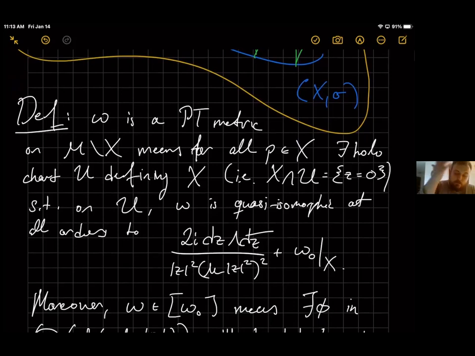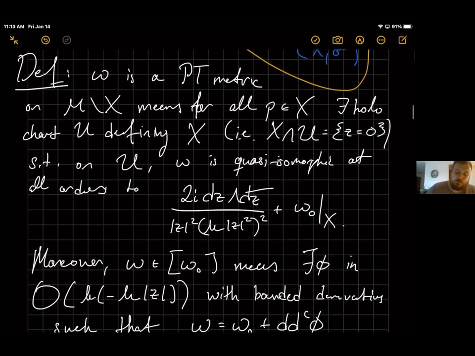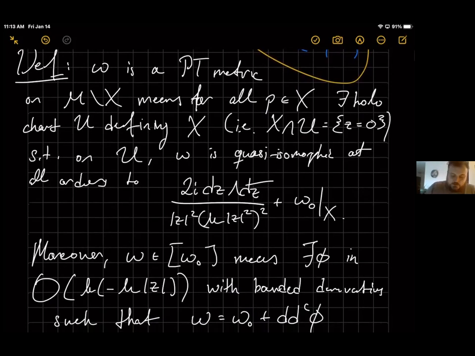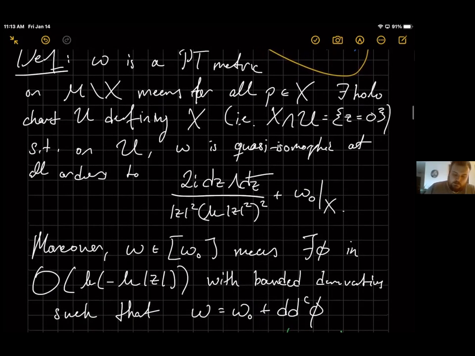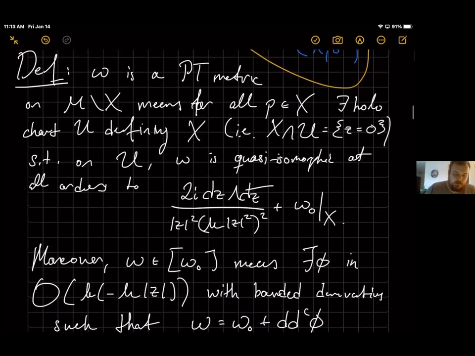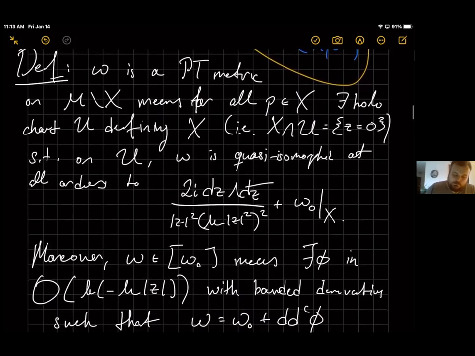And I want this Poincaré-type metric to be quasi-isometric, or comparable at all derivatives, with respect to this local model Poincaré-type metric that I have here. So basically, near the divisor, I can always find coordinates such that my Poincaré-type metric is comparable to this metric here, which is initially a pretty loose characterization, though we'll see that it tightens up if you put just a few analytic restrictions on this.